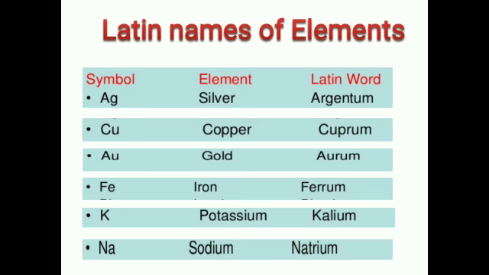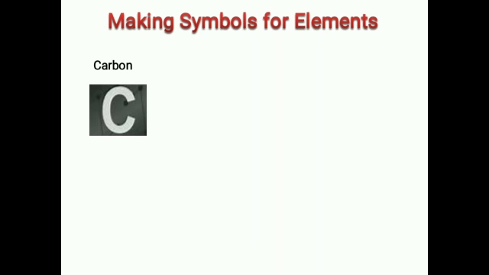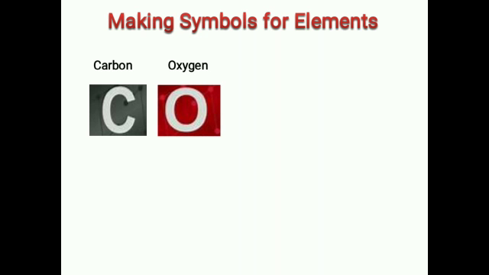Have you got it? Now I will tell you about making symbols for elements. We can use either the first letter or a combination of letters in making symbols of elements. For example, carbon can be represented by the letter C. And oxygen can be represented by the letter O. In some elements, the first letter is the same, like nitrogen and neon.